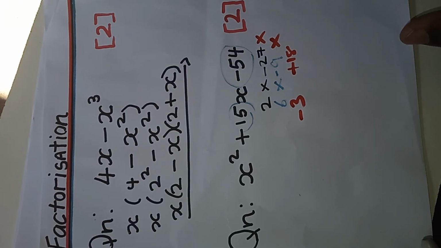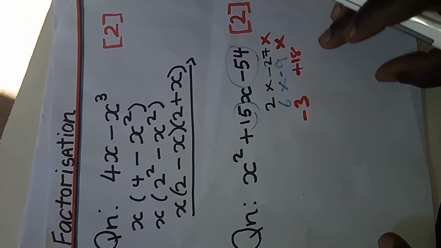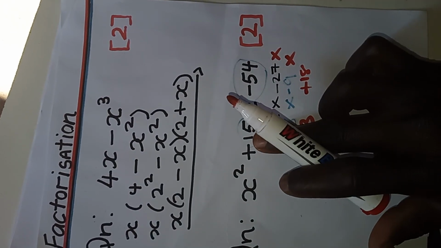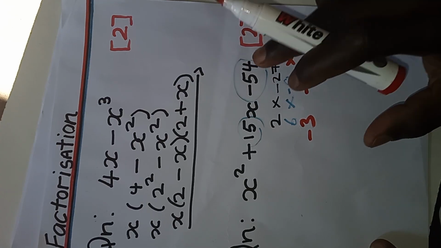Remember, I'm taking you through these stages so that you know how to look for the factors that, if you add them, give you 15, and if you multiply them, give you minus 54.